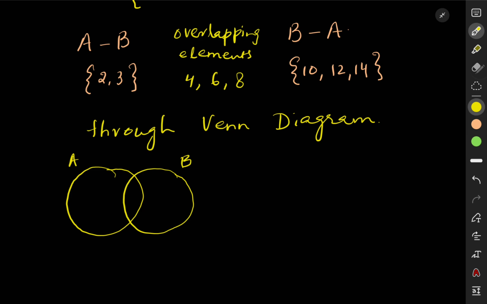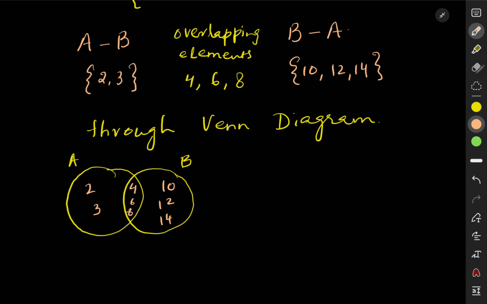So we can write the overlapping members here, 4, 6 and 8. The only members of A are 2 and 3, and for B are 10, 12 and 14.